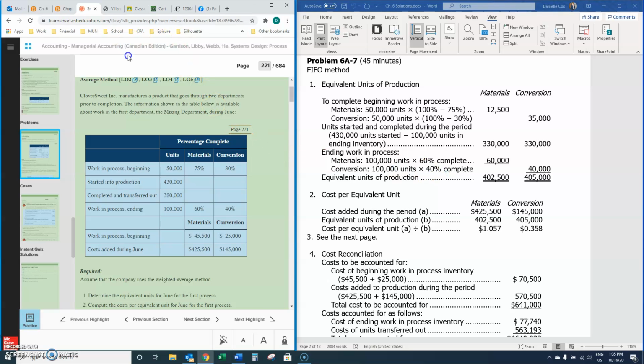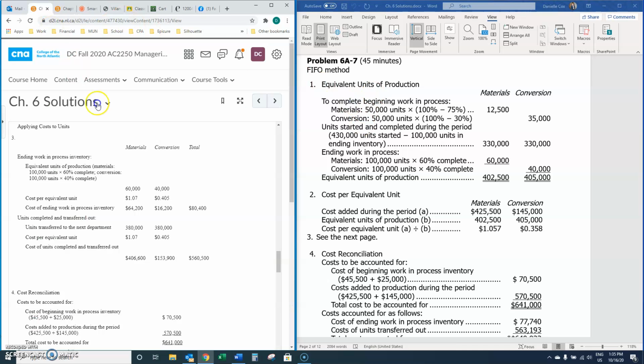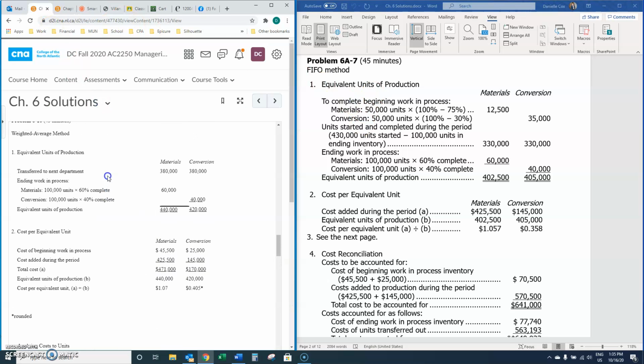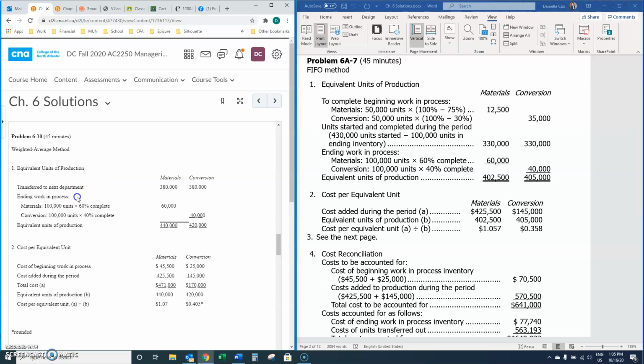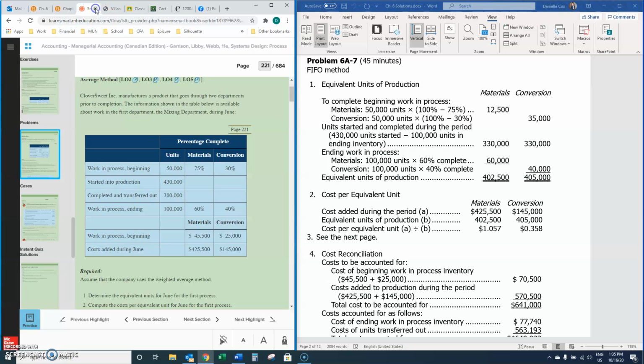Now I want to quickly show you the difference between that and the weighted average. For weighted average, we wouldn't take anything with beginning work in process, and for units completed that period, it would be just units transferred to the next department.